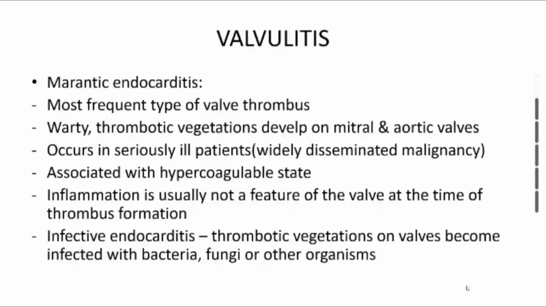This one mainly affects the mitral valve, the valve from the left atrium to the left ventricle, and the aortic valve. Most of us have seen a wart, so it looks like that, and it has thrombosis. When you talk of vegetation, you're talking of thrombus that has been infected. That's what we call vegetations.